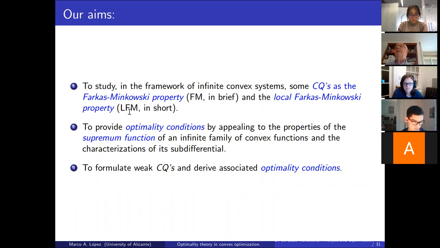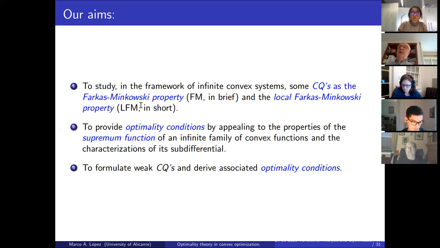These properties were introduced several years ago, but in my opinion are still important because they mean a kind of intermediate position between the most general case and the finite linear optimization problem, in which everything is polyhedral, all the properties are present, and all the things are extremely easy. These properties are the Farkas-Minkowski property and, the second one, weaker, the local Farkas-Minkowski property.